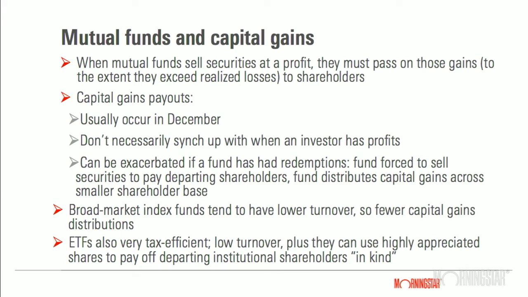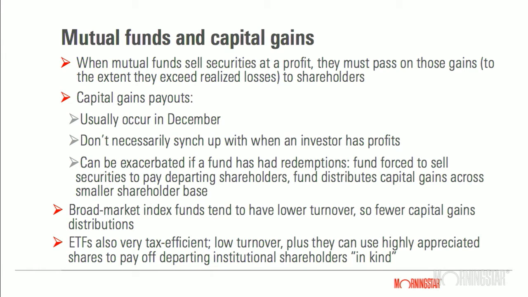So this is something to watch out for to the extent that you have mutual funds in your portfolio. The bad thing about these capital gains payouts is that they won't necessarily align with your profits. So the mutual fund may make a capital gains payout, but you may not have had a particularly good year in the fund yourself. So it's something to watch out for if you do have funds in your portfolio.